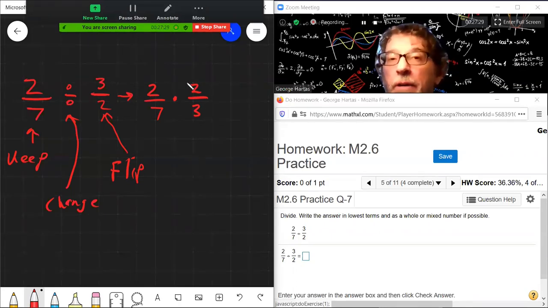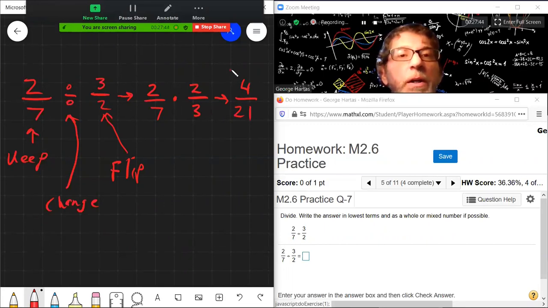And remember, we cannot reduce side to side. So nothing reduces here, here, here, here. So we're confident that if we just multiply across and get our answer, it will indeed be the final answer. So our final answer is 4 over 21.